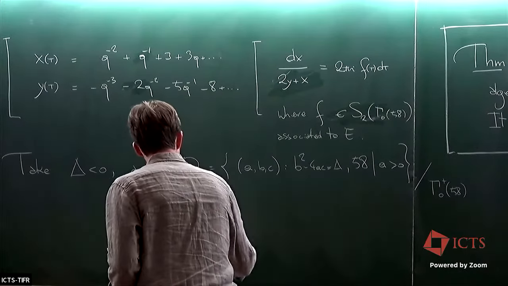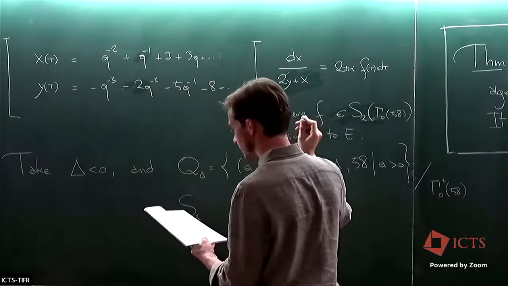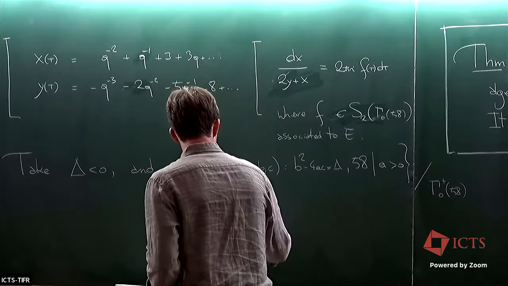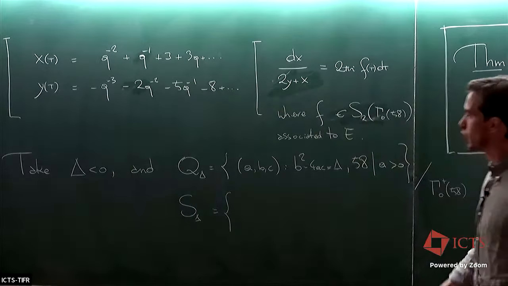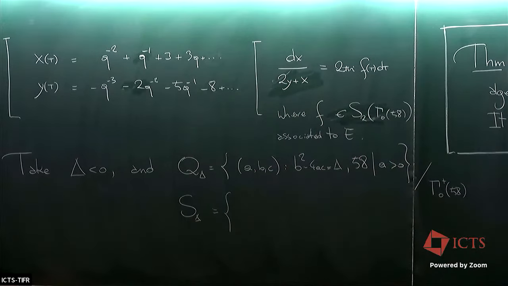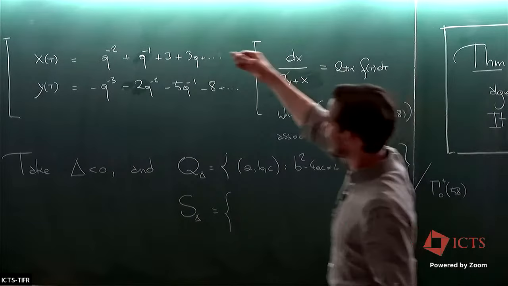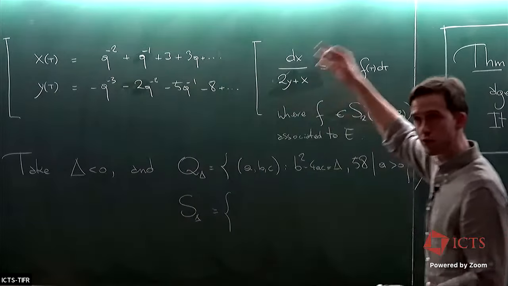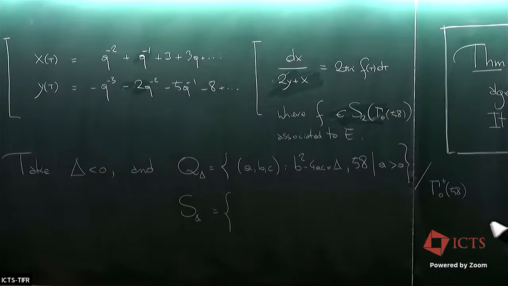Now, to every such form, I'm going to associate S delta. I'm going to take such a form ABC, and I'm going to compute its root in the upper half plane. Yes, I'm going to solve A tau squared plus B tau plus C to give me some root. I can tell you what the root is. It's minus B plus the square root of delta divided by 2A, you all know. And that root, I'm going to plug into this power series and compute some approximation of the coordinates of that value.